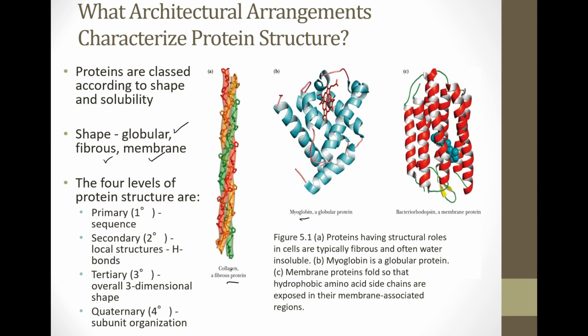And then we've got membrane-bound proteins. And membrane proteins, like this one here, exist as part integrated into the membrane. So if we have a membrane, I'm just kind of doodling in the missing component here.